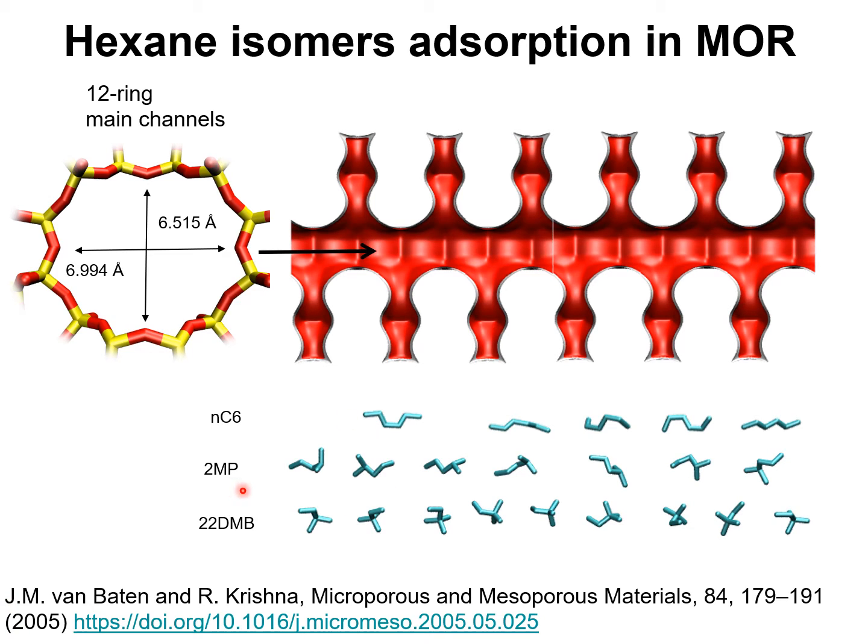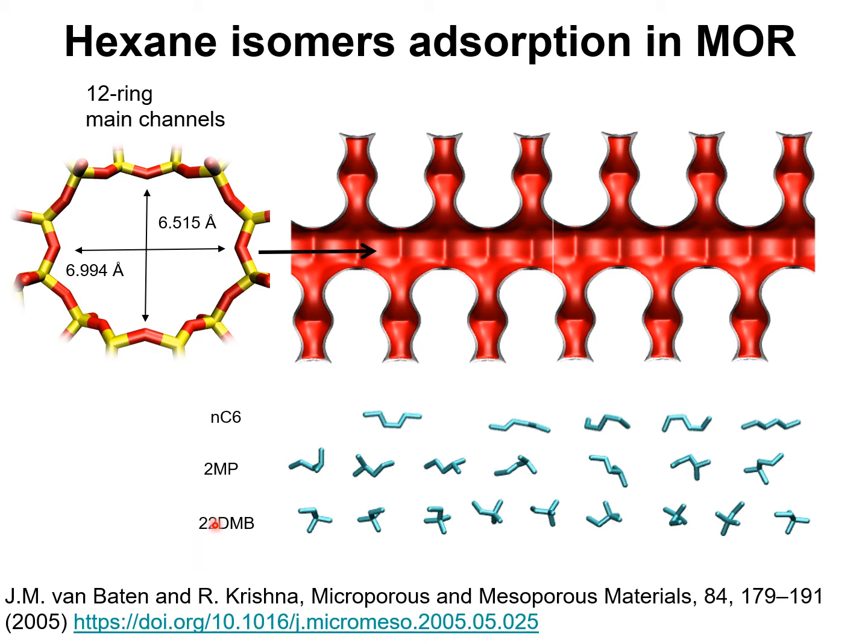2-methylpentane has a shorter footprint, and within the same length of mordenite adsorbent, we can accommodate 1, 2, 3, 4, 5, 6, 7 molecules of 2-methylpentane.